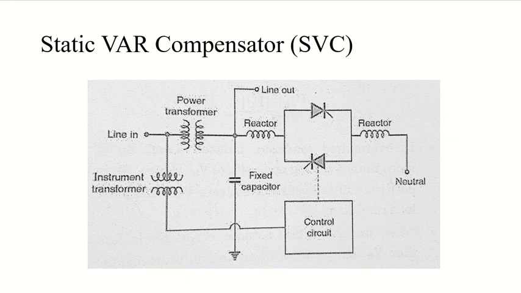Here in this figure you can see the circuit diagram for the static var compensator. We have two thyristors, you can call it a pair of thyristors. They are not in parallel, they are connected in anti-parallel formation, so that we can switch on the reactor or capacitor, whatever you have connected, in a stepwise control.